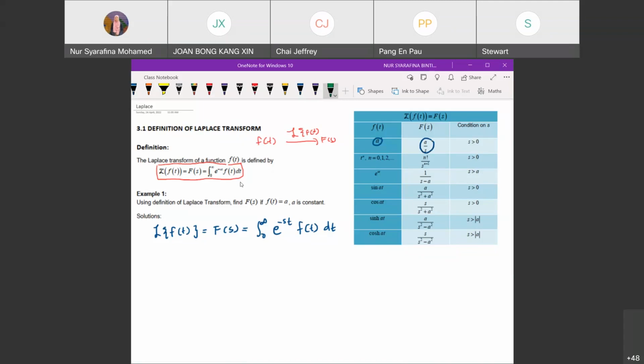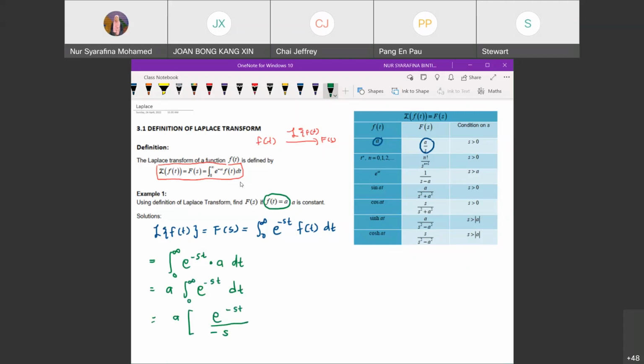So now, in order to take the Laplace transform here, we integrate from 0 to infinity e to the power of minus st times f(t), and f(t) equals a, so times a with respect to t. And a here is a constant, so just put a outside. So integrate this with respect to t from 0 to infinity. It will give you e to the power of minus st over minus s.